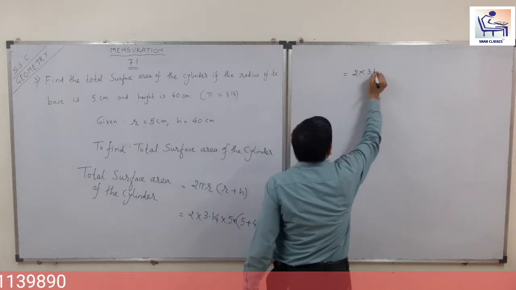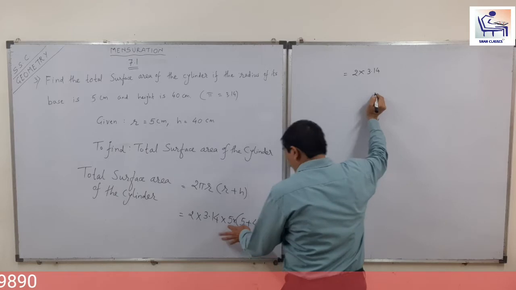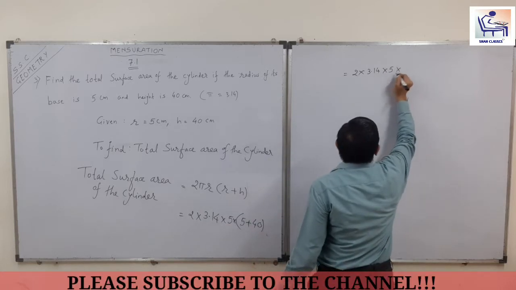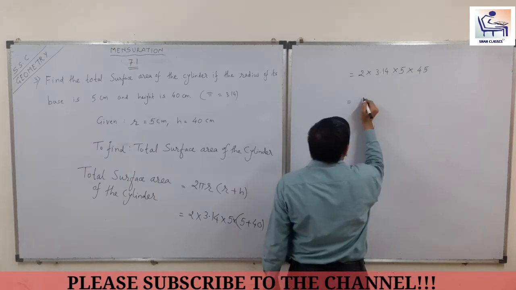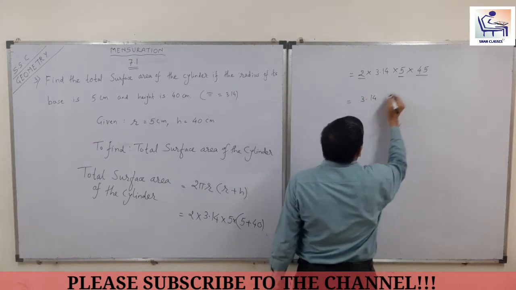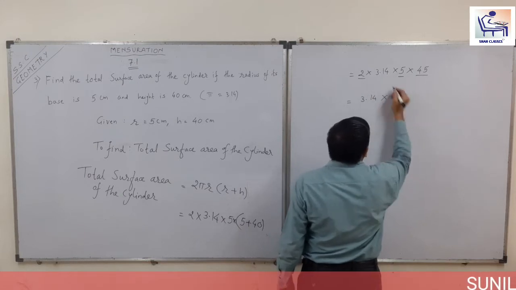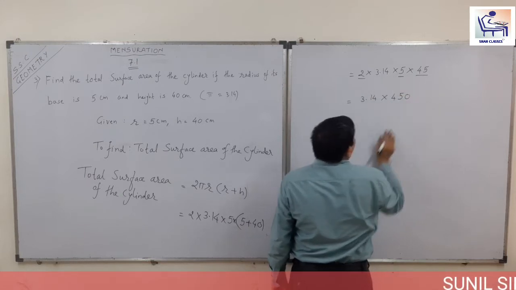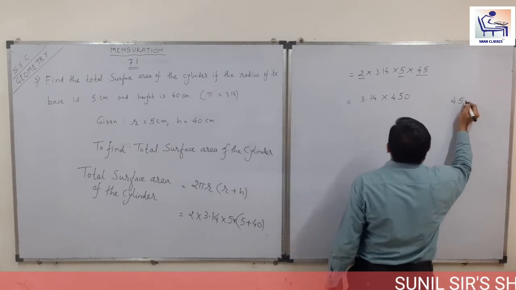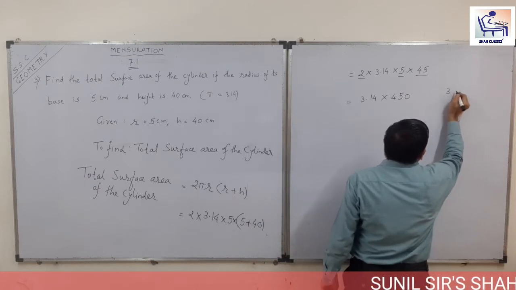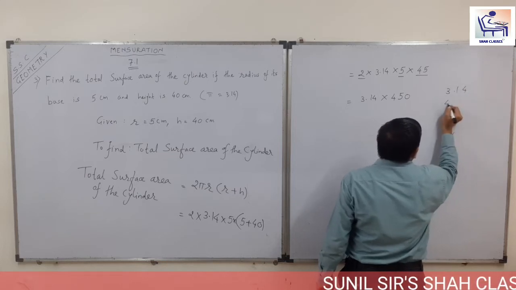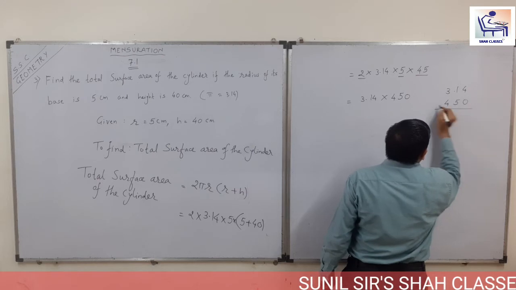So here we will see 2 into 3.14 into 5 plus 40 is 45, and 10 into 45. 45 times 10 are 450. So please multiply now 450.